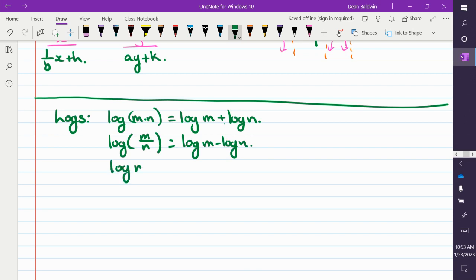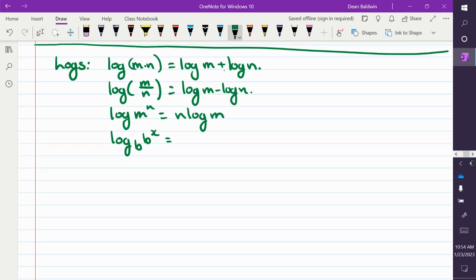If you have an exponent sitting up there, what can you do with that? You can drop it down in front. I don't know if this one's on your sheet, so you should remember it. If the base of the log and the base of the argument match, what is the value?